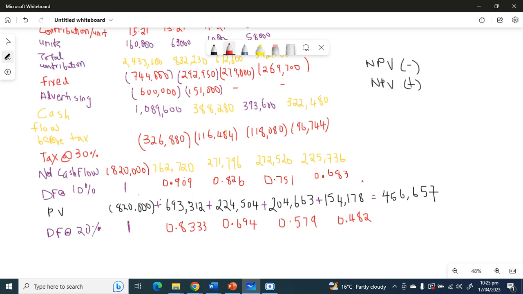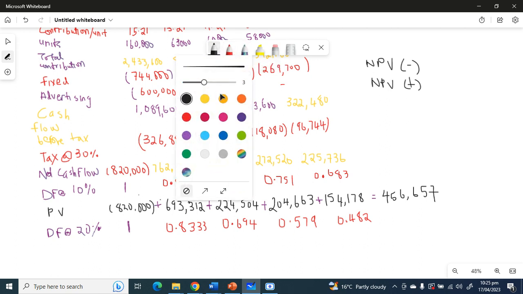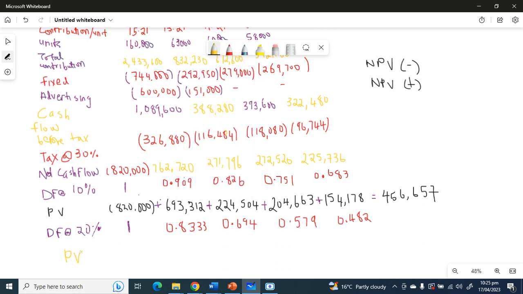All right, so present values. We're multiplying our net cash flows with this discount factor. So negative 820,000 multiplied by 1, we get negative 820,000. 0.833 multiplied by 762,720.